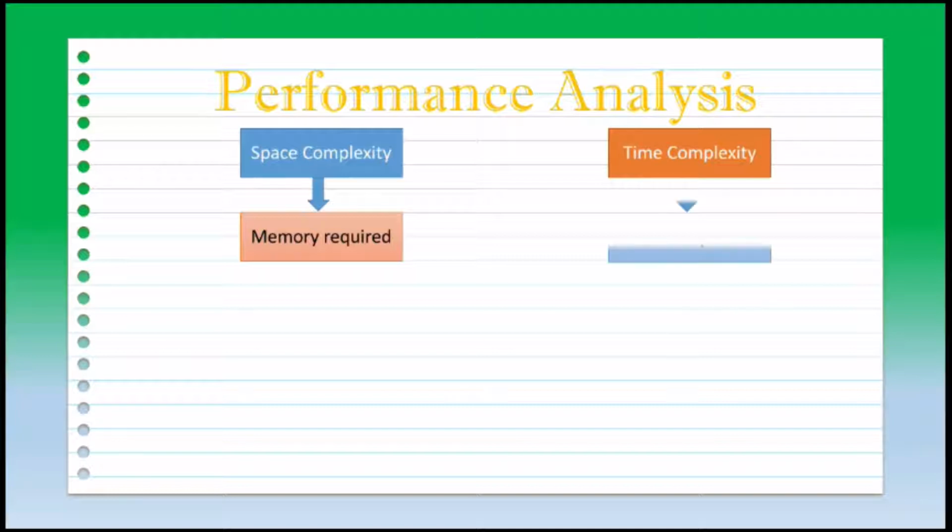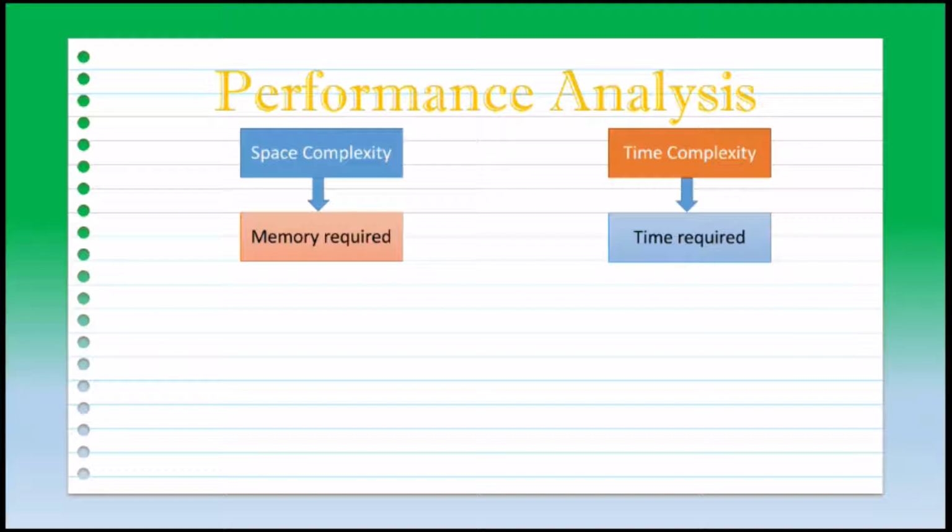Similarly, time complexity of an algorithm is the amount of time it needs to execute the algorithm. Depending on how much time it requires to execute, the time complexity is calculated. Now we will see how to calculate space complexity of an algorithm.